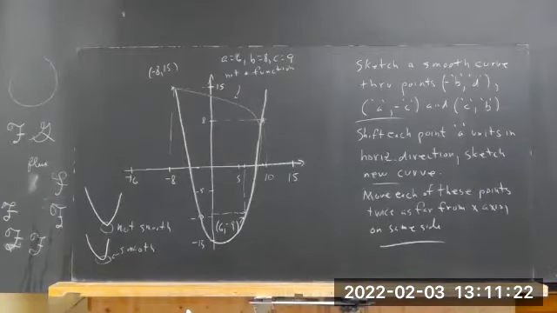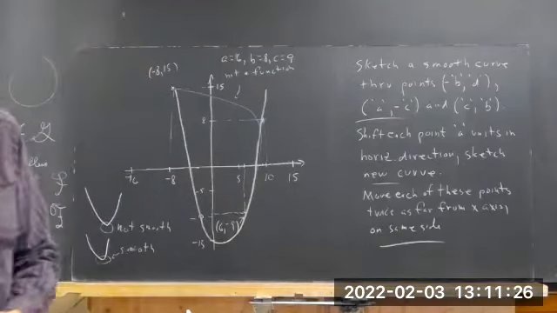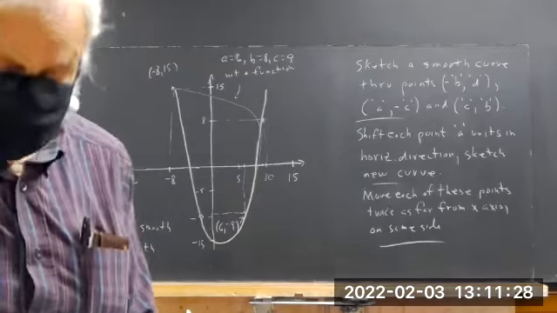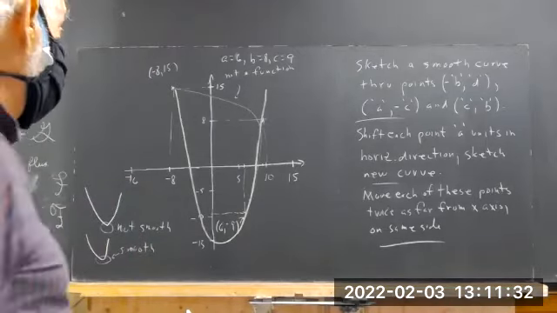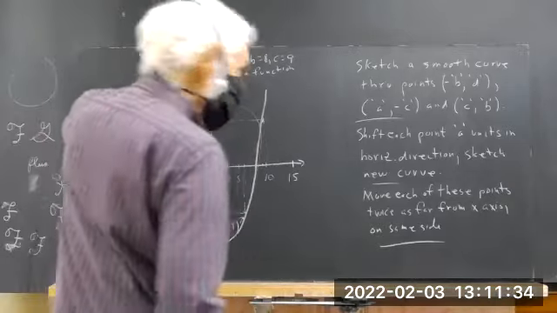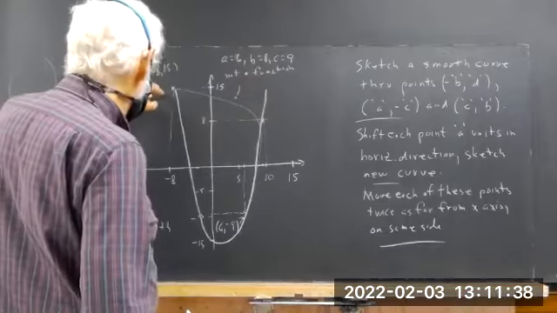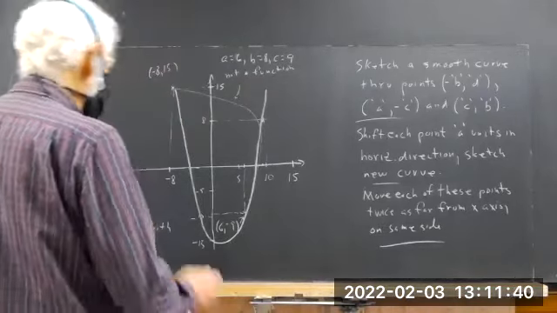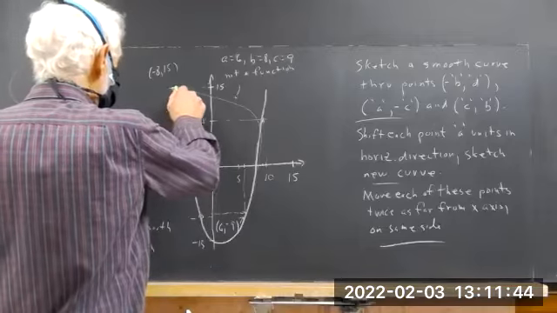Okay. Well, right there. Now we're going to shift the graph horizontally by some units. How far is that? Well, in my case, it's 6 units. So this point will come over 6 units. I haven't located it exactly right, but we've got to come over 6 units.